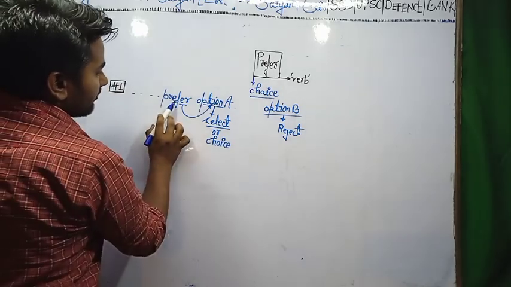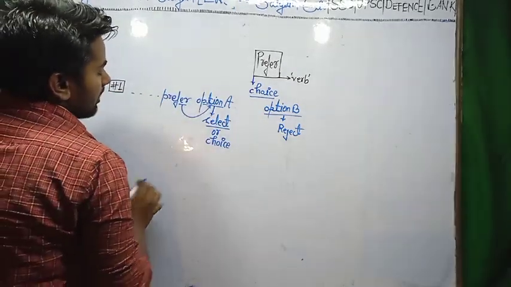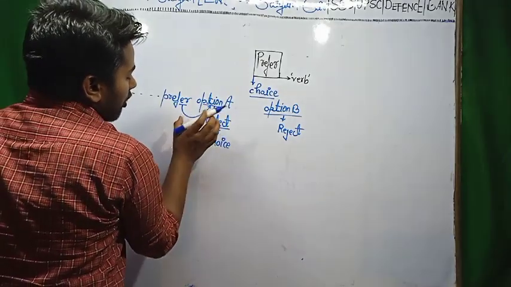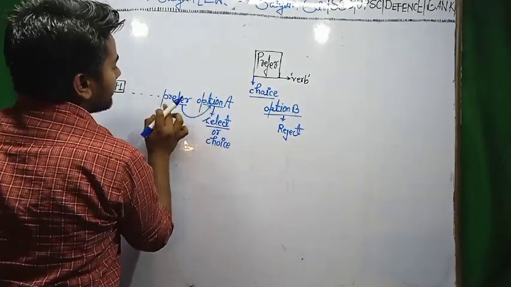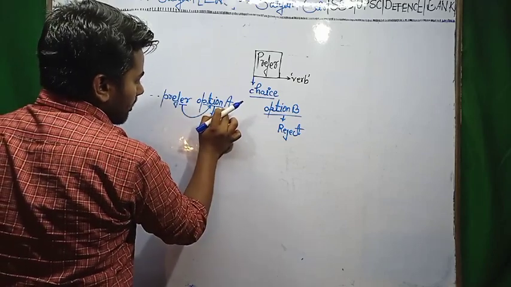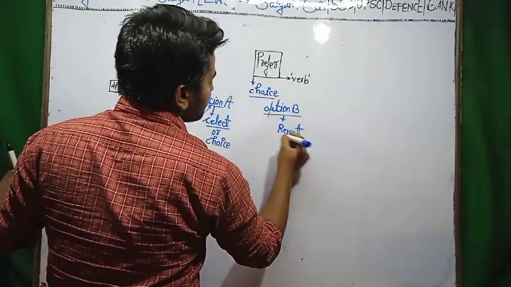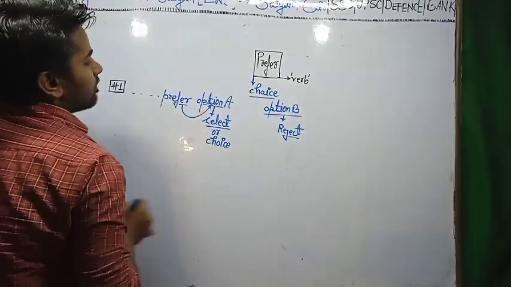So prefer option A, option B. The option that is nearer to prefer is your choice, and option B is rejected, means we have rejected this option.